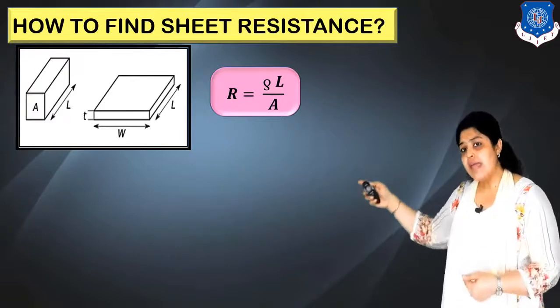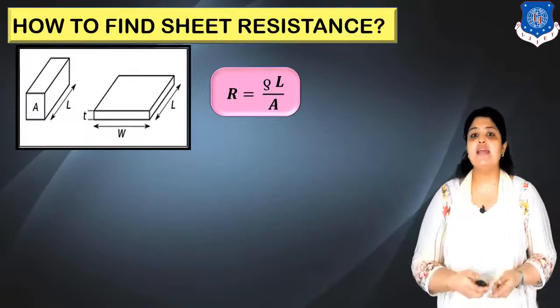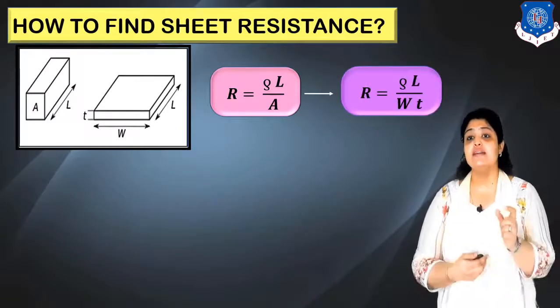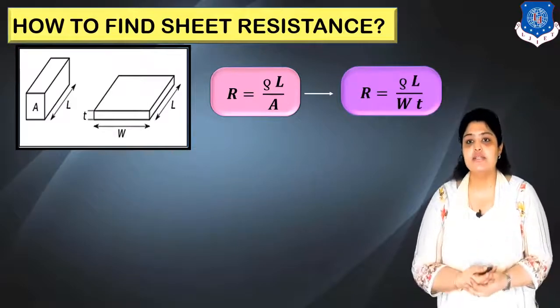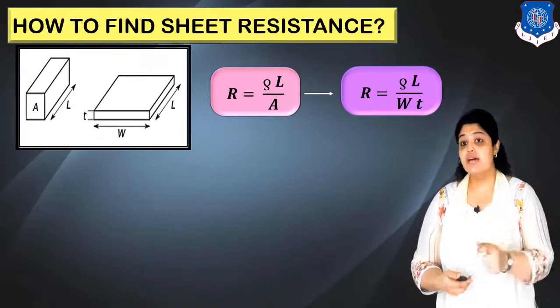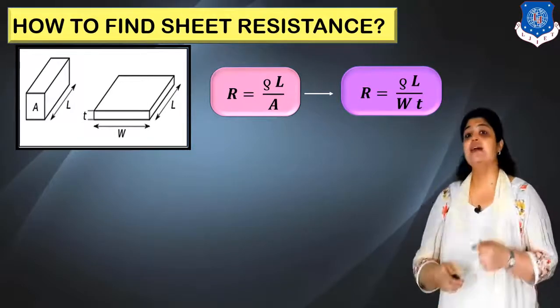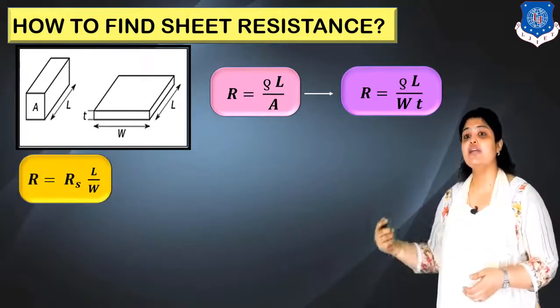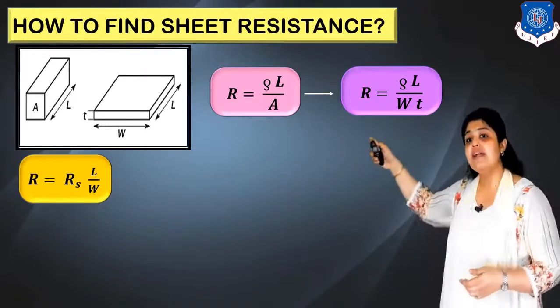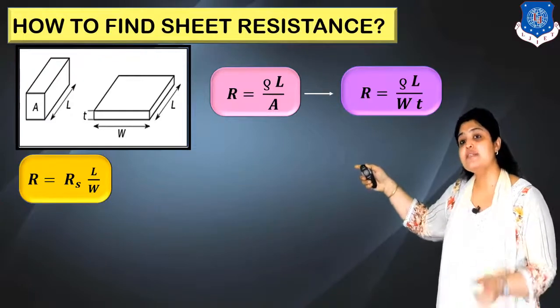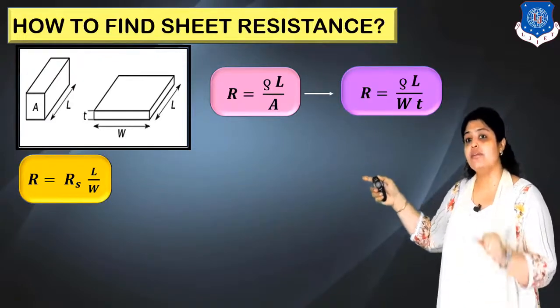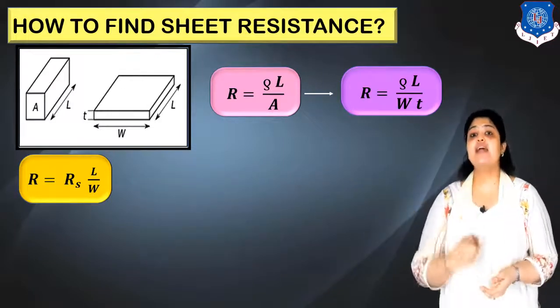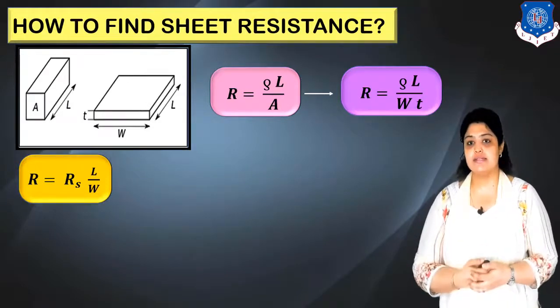But for the term A used here, I can write area as W into T, that is width into thickness, which is nothing but the cross-sectional area. So here I can write R as RS into L by W. What have I done in this equation? I have just taken the rho upon T ratio as RS, where I denote RS as the sheet resistance.